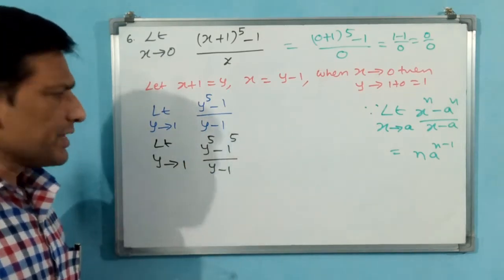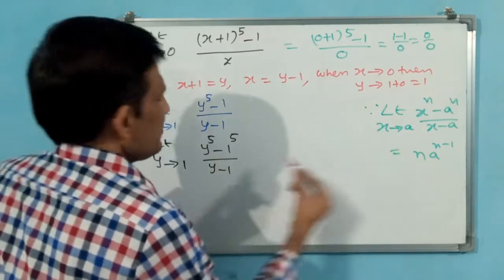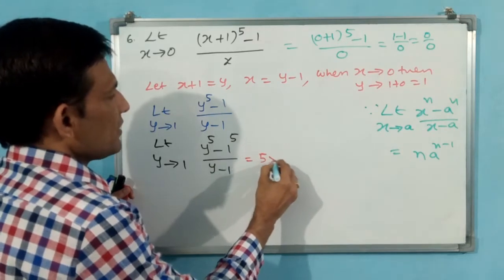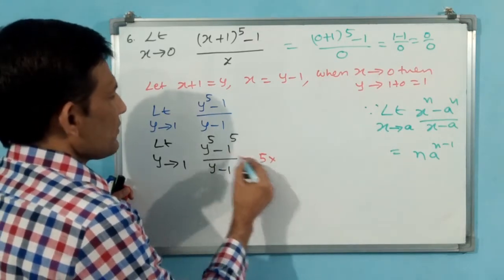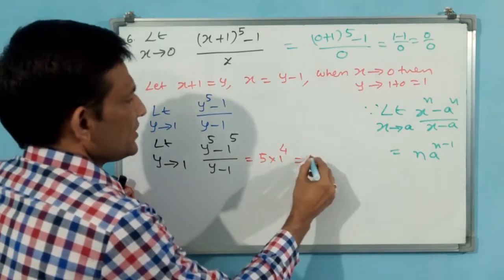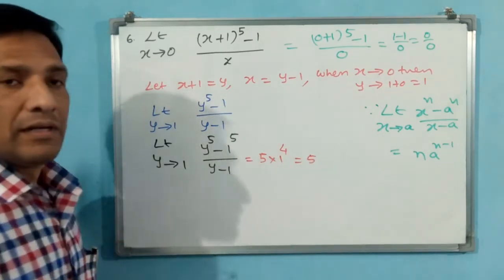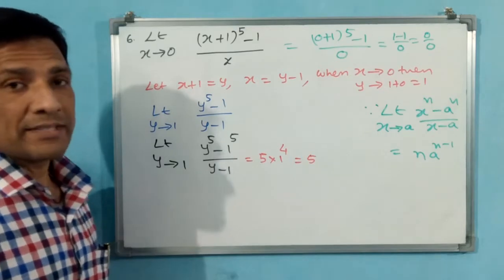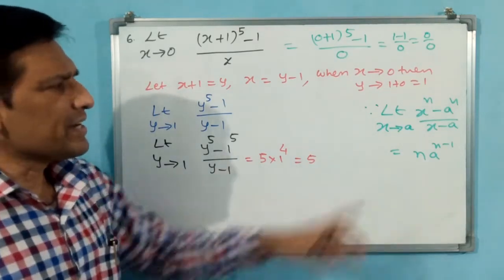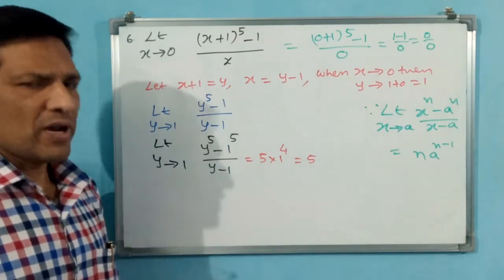Now directly you can write the result n into a to the power of n minus 1. n is what here? 5. 5 into a is 1 to the power of n minus 1, 4. That is equal to 5, that's all. Okay, you understand this, how it has come? That is why I have written here like this. Again and again I need not write this, you have to memorize.